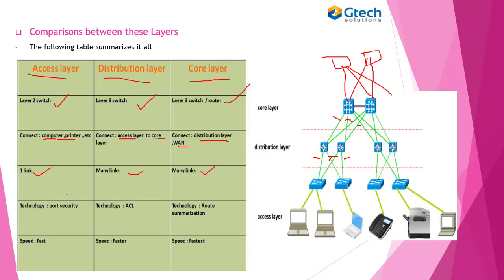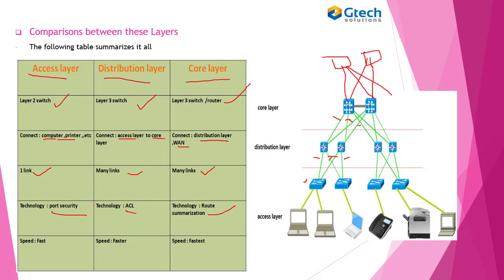The technology used at the access layer is like port security, VLAN. At the distribution layer it is access control list. Then coming to core layer, it's route summarization.